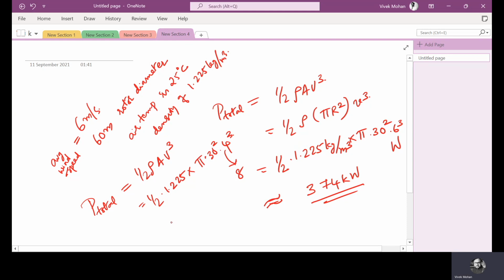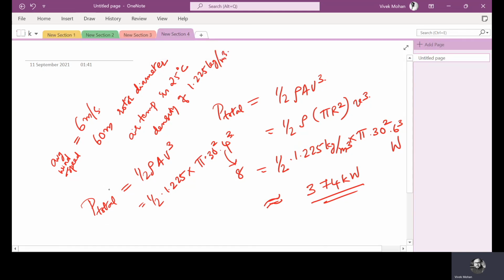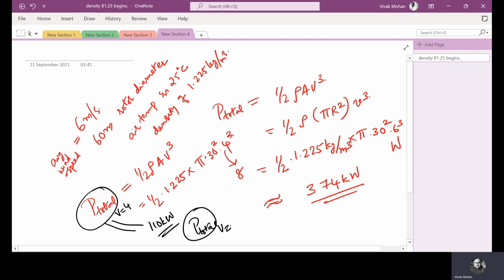The same equation we will use, but here the answer will become, so P total for V equals 4, we get 110 kilowatts. Then P total for V equals 8 is 886 kilowatts.